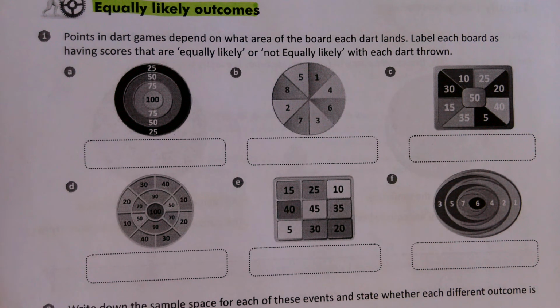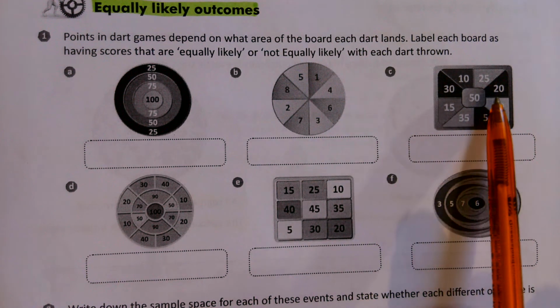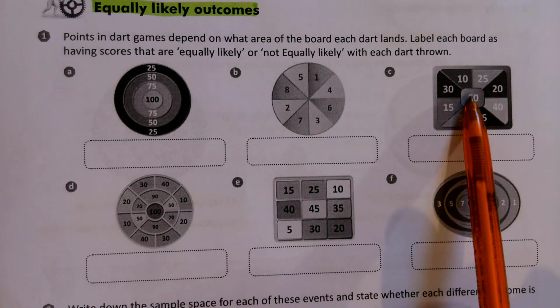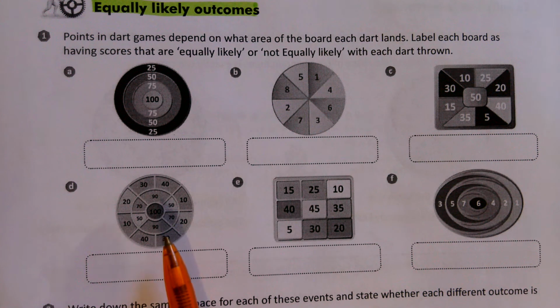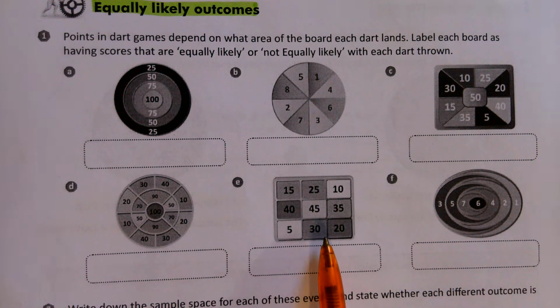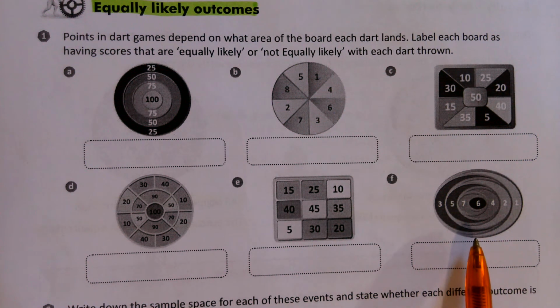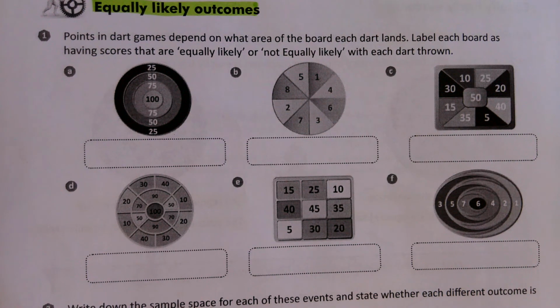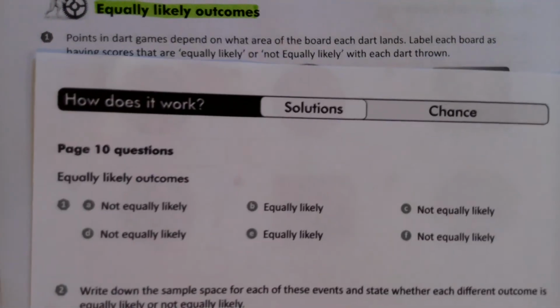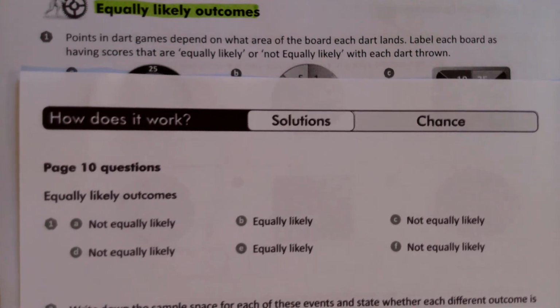It's equally likely. This one, these ones are, but that 50 in the middle is different, isn't it? These ones, different again, aren't they? These ones are the same. Oh, they're very different, aren't they? Okay, write down those answers and check you've written the right one.